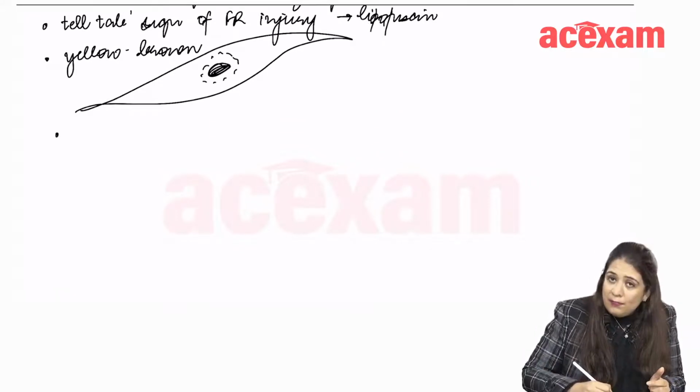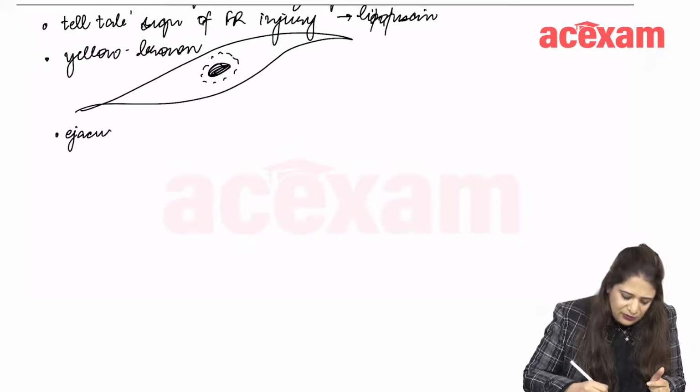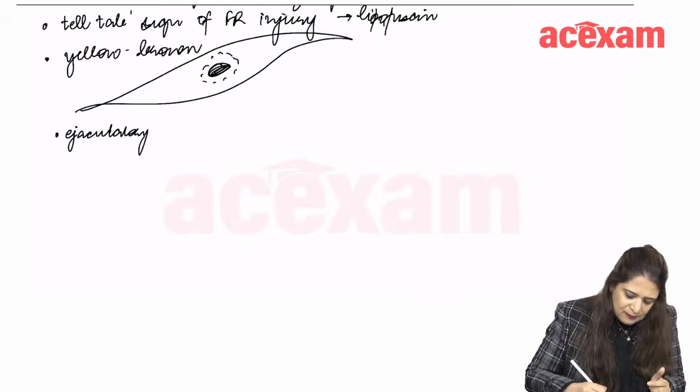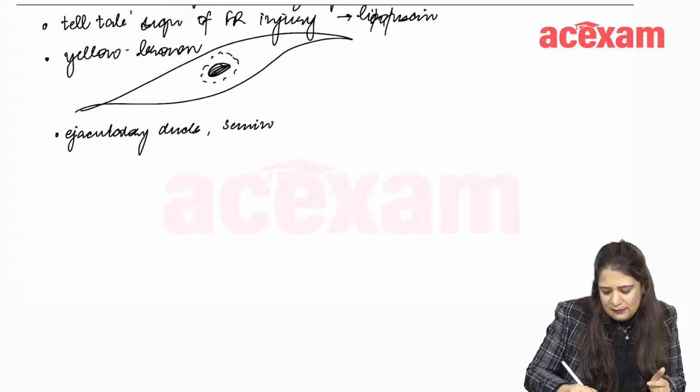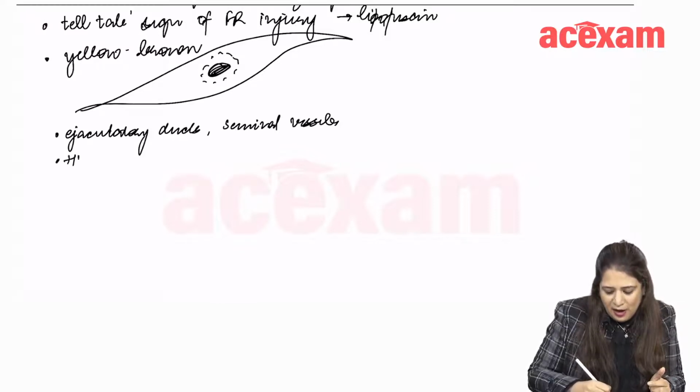And it is very commonly seen in males, especially in the aging ejaculatory ducts and the seminal vesicles. In aging heart, a question can be asked.